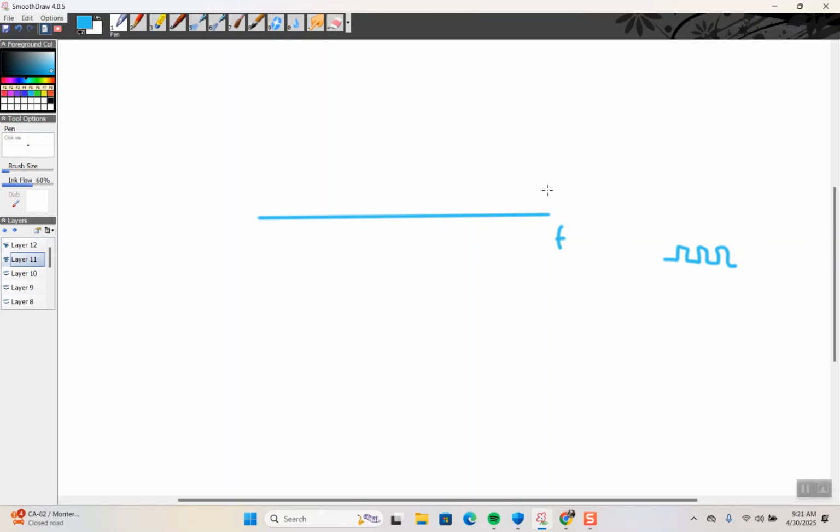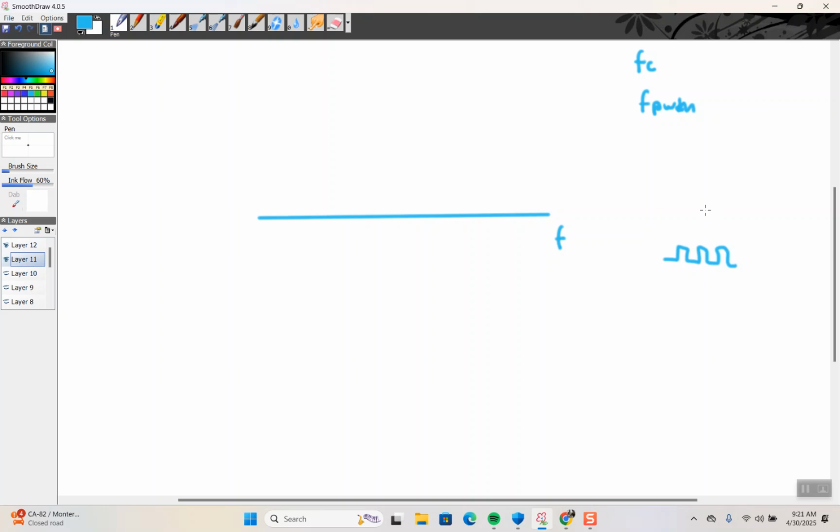And then there is a clock frequency. Well, there's a clock frequency, and then there's a PWM clock frequency.